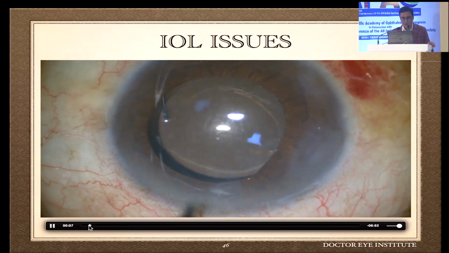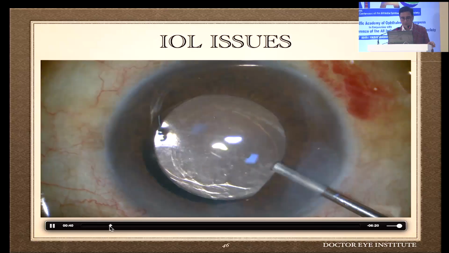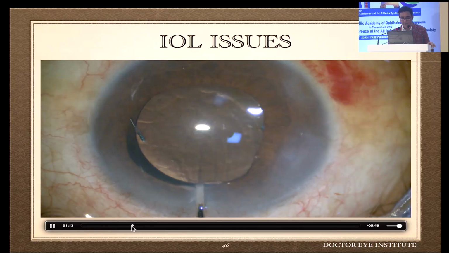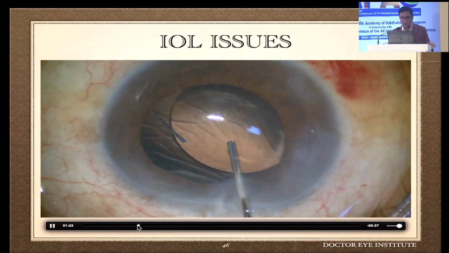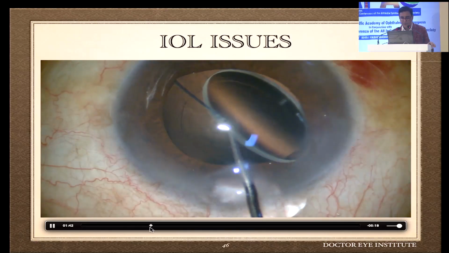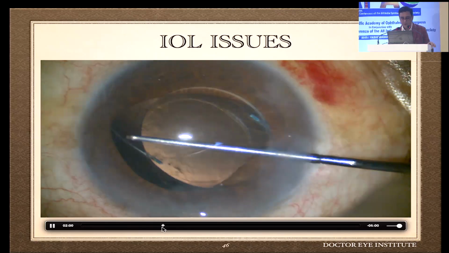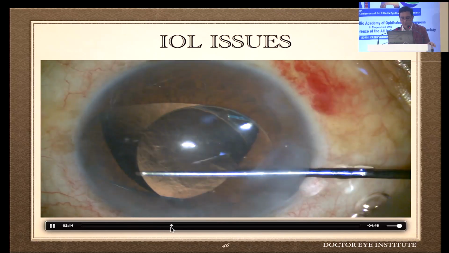So I go ahead and see what is happening. Dilate the pupil with epitrate, put in viscoelastic below the IOL, again put in viscoelastic and bring it in the front. So I got the haptic out and got it in the anterior chamber, okay.